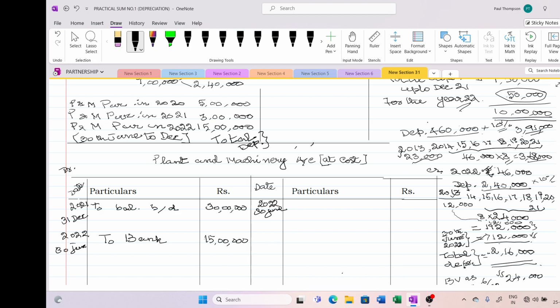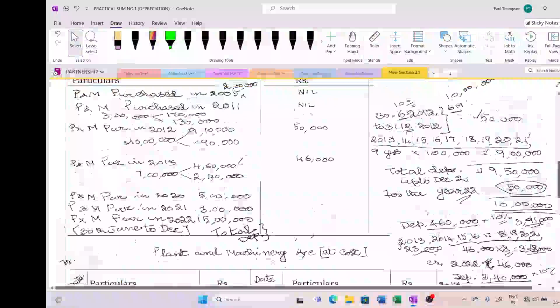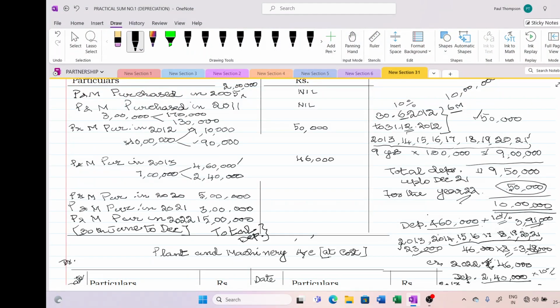So you can't provide more than that. Only up to 30th June; the machine was not available after 30th June. So 12,000. The total depreciation comes to 2,16,000. So for the current year, the depreciation is only 12,000 for this machine.